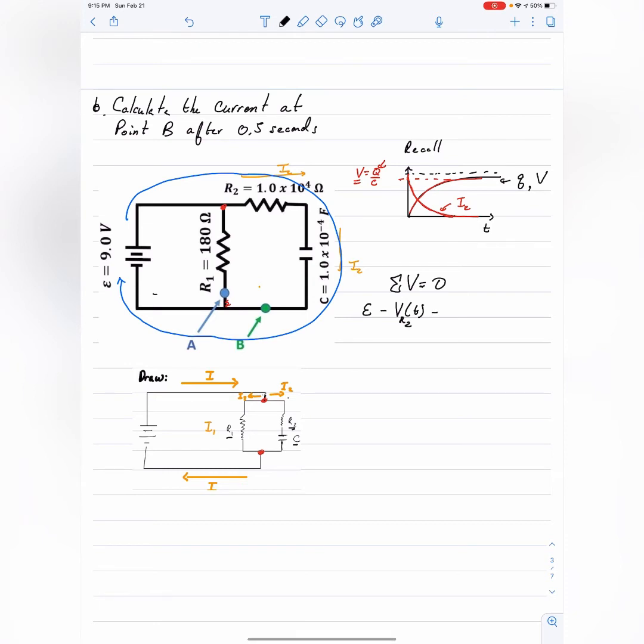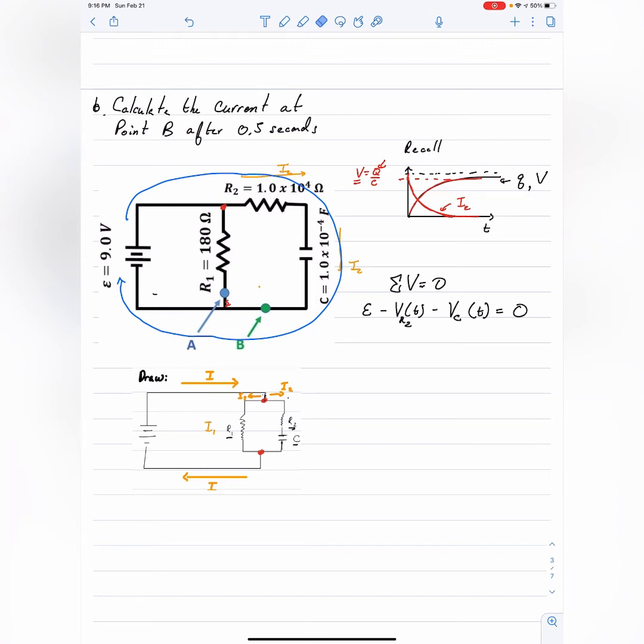Then the voltage across the capacitor is also changing over time because it is charging. After that, there's nothing else we have to worry about. Why is this negative? Because capacitors, like resistors, go from high to low, so it is also negative if we're going in the clockwise direction. Okay?